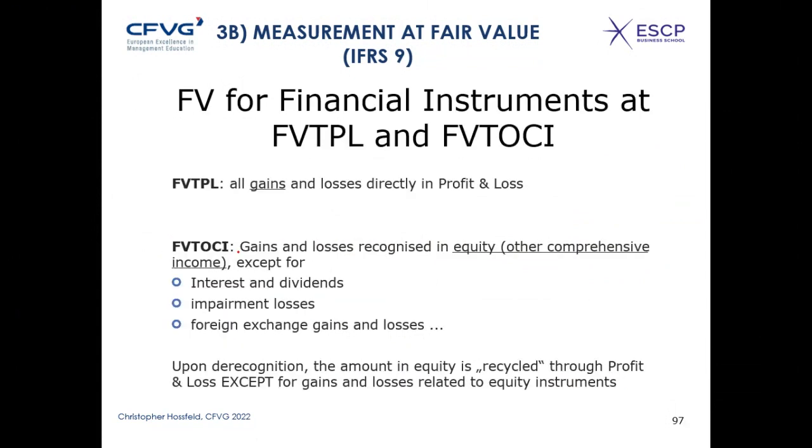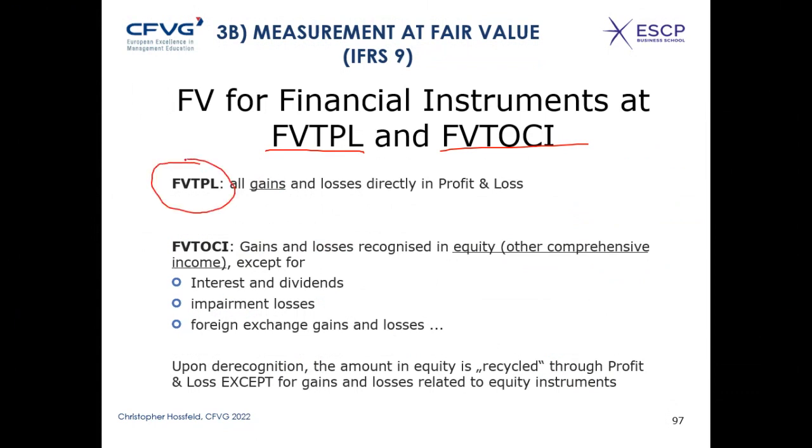No questions. Well, then let's see how this fair value accounting works. So once again, we can have fair value through profit and loss, or we can have fair value through OCI. Let's start with fair value through profit and loss.